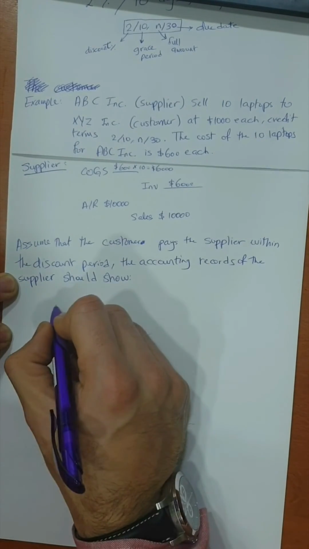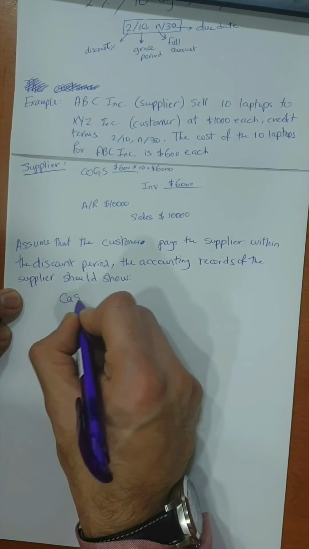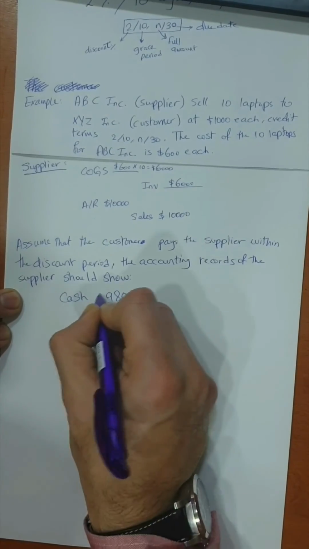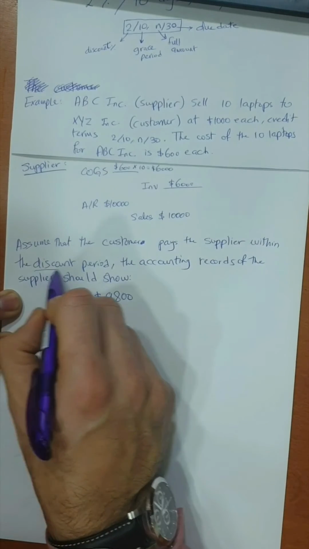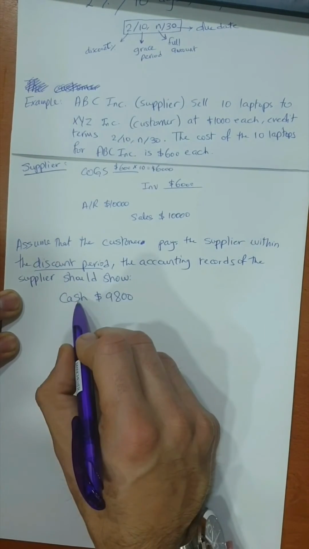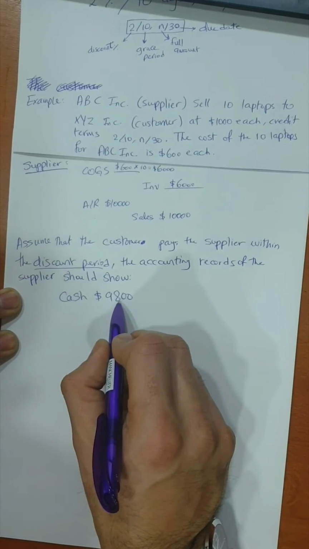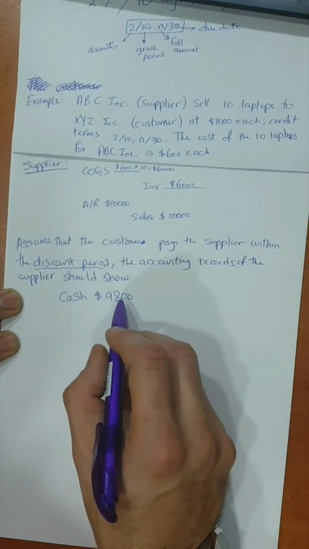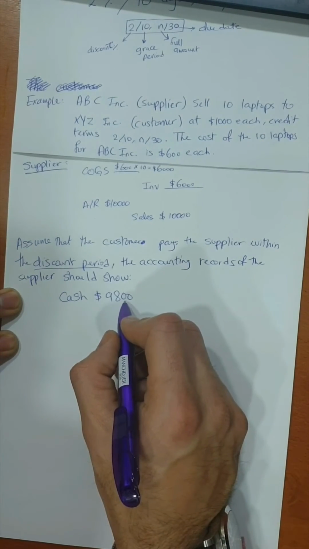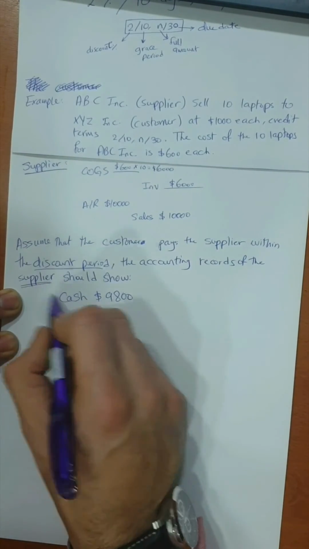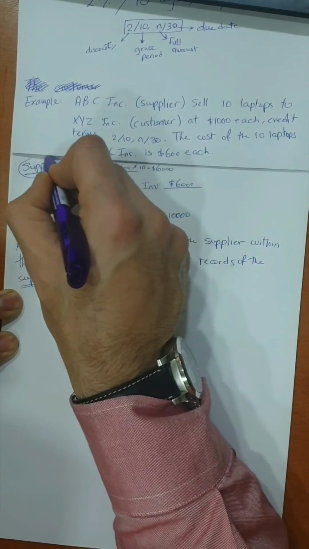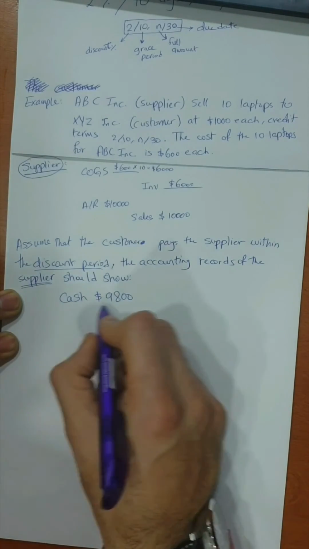The cash received is 9,800. Why? Because the customer pays the supplier within the discount period or the grace period. So the customer will pay 9,800 to the supplier. This is the cash received by the what? By whom? By the supplier. This is why it's a debit. We are on the records of the supplier now, okay? Keep this in mind. So cash went up by 9,800.